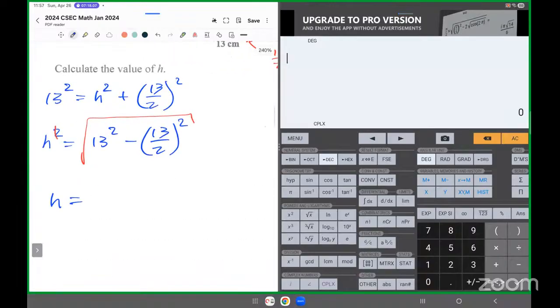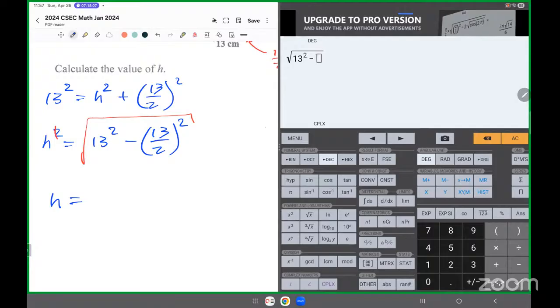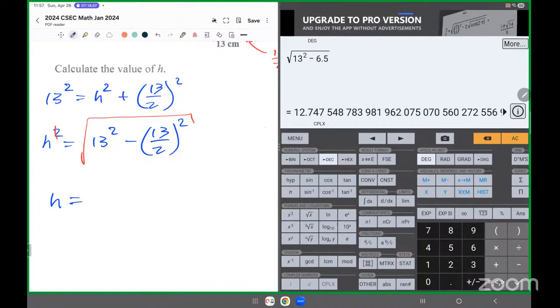For this calculation, it's going to be square root of 13 squared minus, bracket, we could just put 6.5, but 13 over 2 is 6.5, right? 6.5 squared. I'm getting 11.25, which is 11.3 centimeters.